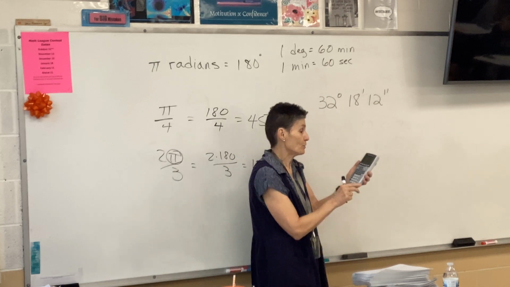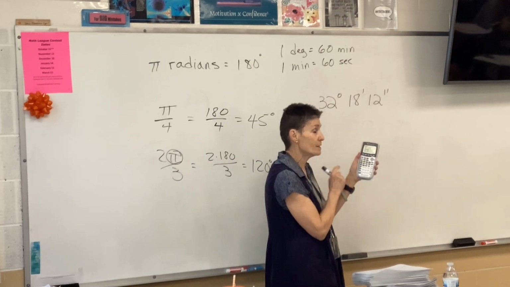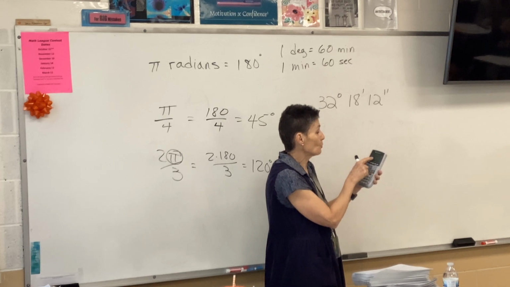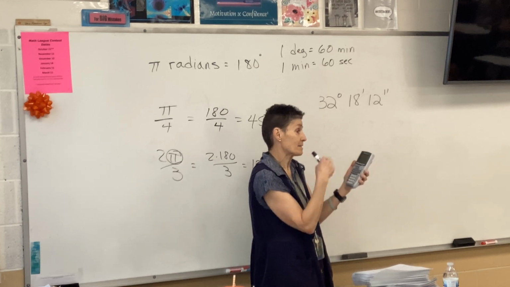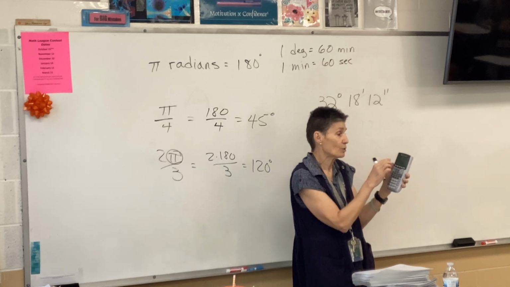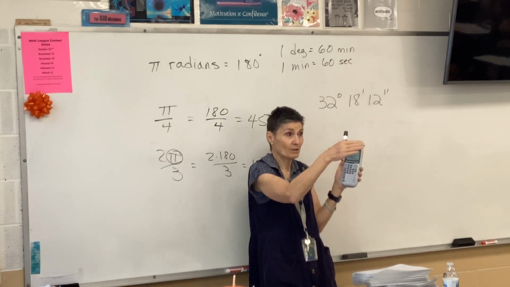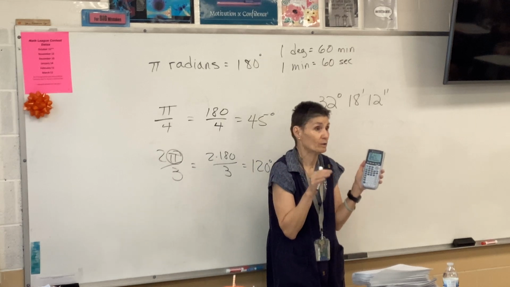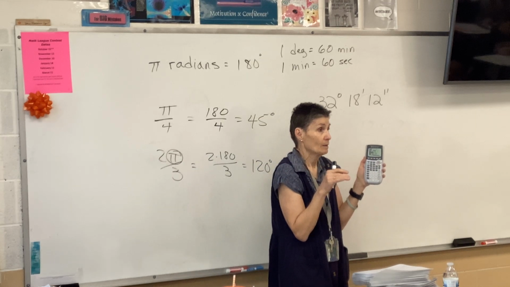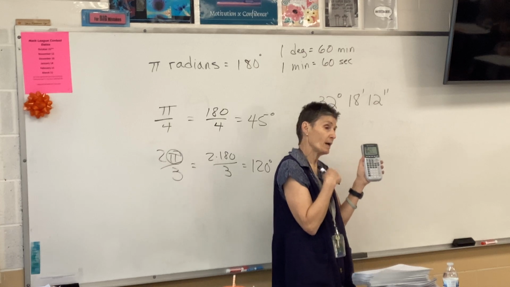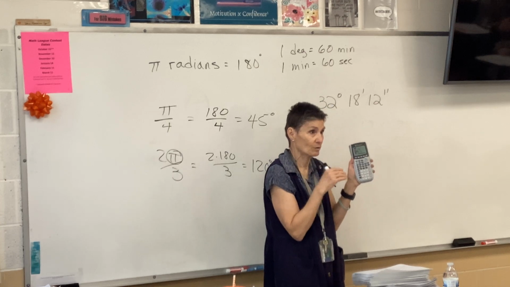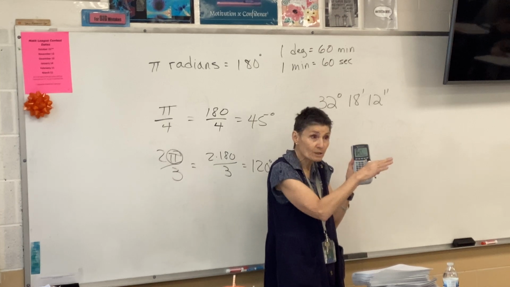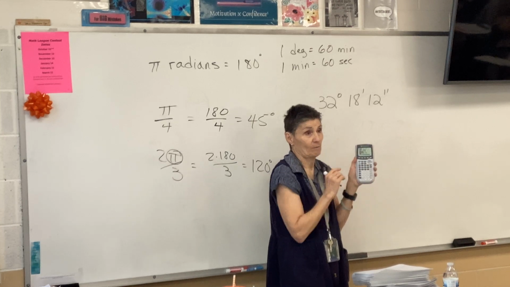First go to mode, top row, and make sure that degrees is highlighted on the radian and degree line, because we are working with degrees now. There will be times when we'll want to highlight radians, but right now we're in degrees. So go to mode, click over to degree, and press enter.